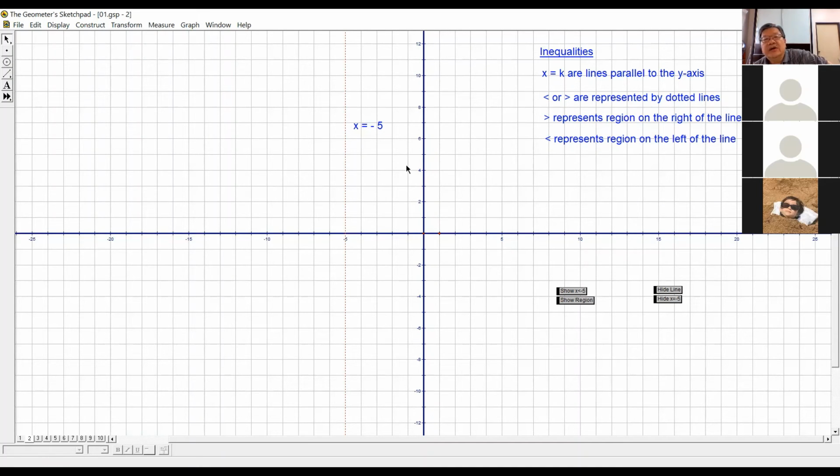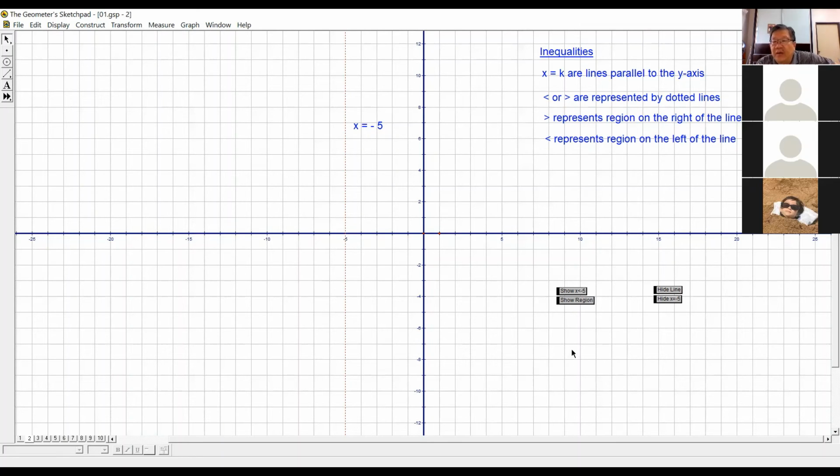If I ask you to draw the line x equals 10, you draw this vertical line here. X means vertical line, parallel to the y-axis. So this line is x equals 10.